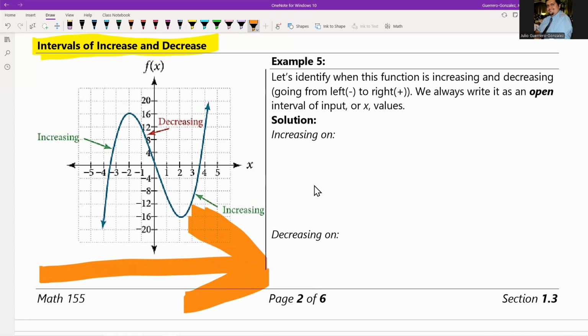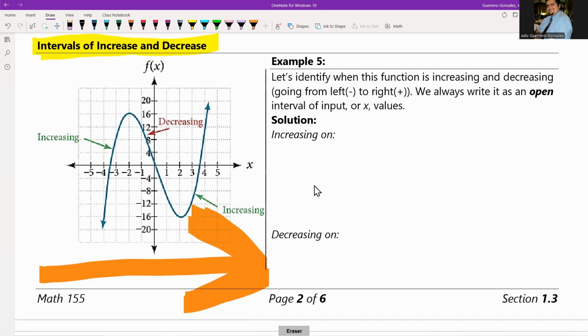Always go from left to right, okay? What you're looking for is what your function is doing. As you move from left to right, if your y values are increasing, the function is increasing. If your values are dropping, it's decreasing.